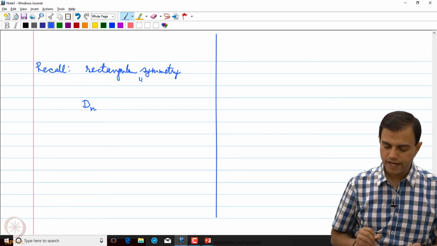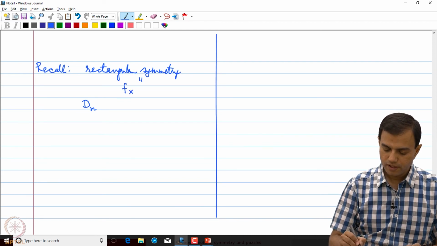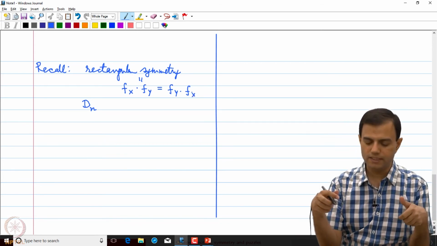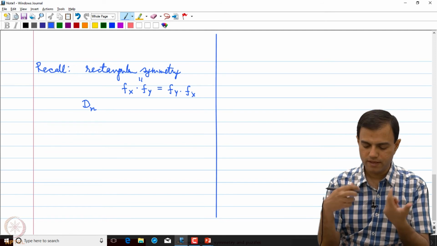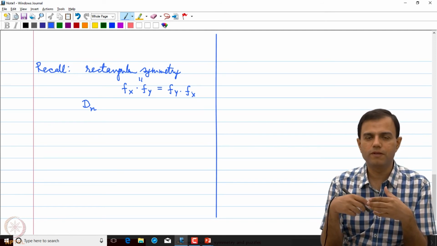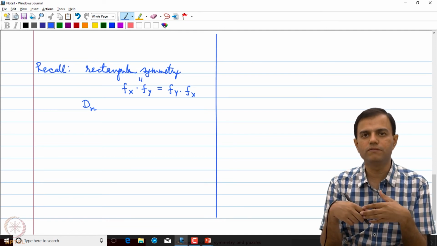This group had the property, you remember, fx fy was same as fy fx. So, if you have a rectangle, you flip it by x axis and then flip it by y axis, it is same as first you do flipping about y axis and then you do flipping about x axis, the same thing.